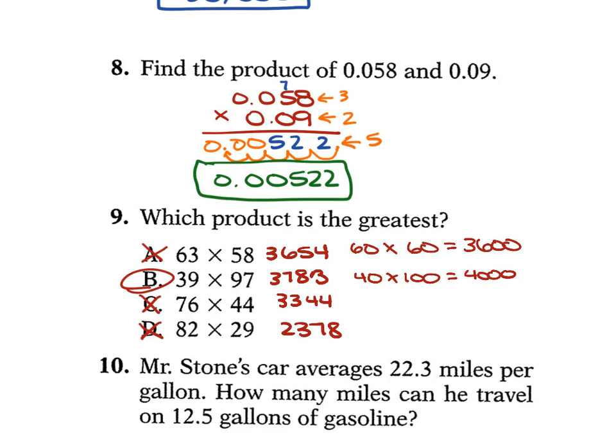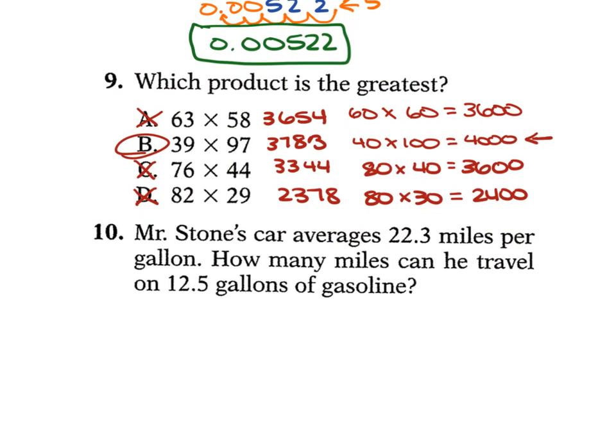The 76 times 44 could have also been 80 times 40, which is 3,200. The 82 times 29 is this estimation of 80 times 30, which is 2,400. So with these, the greatest would have been the 4,000.